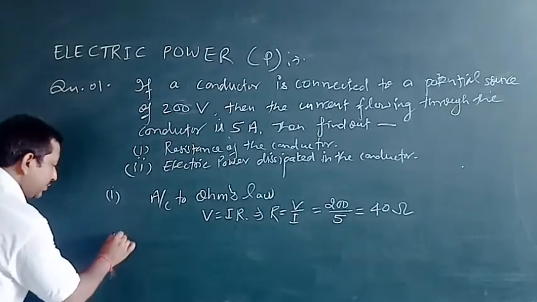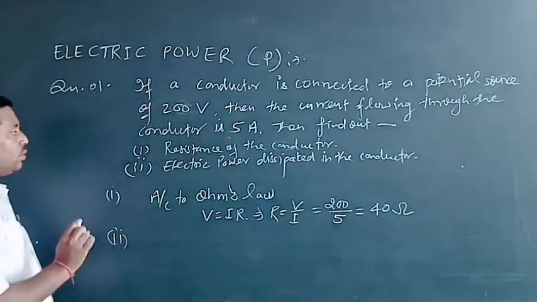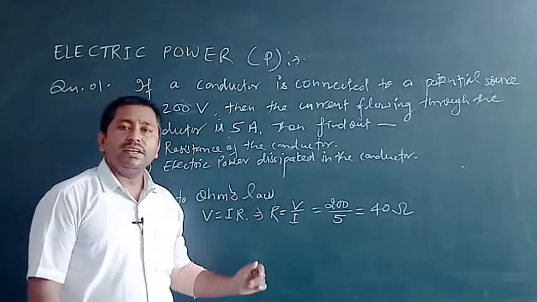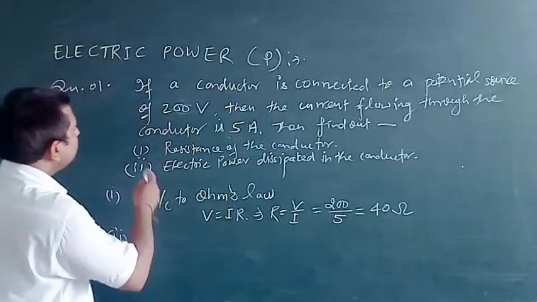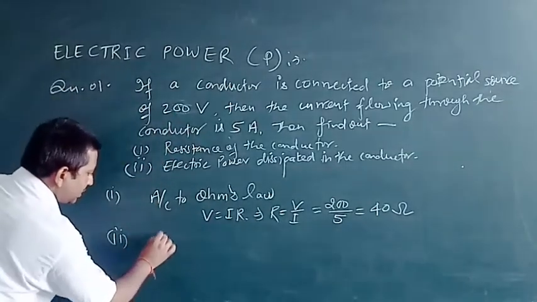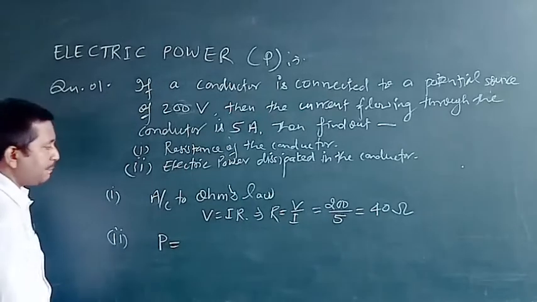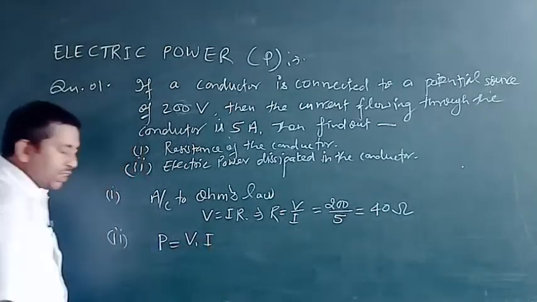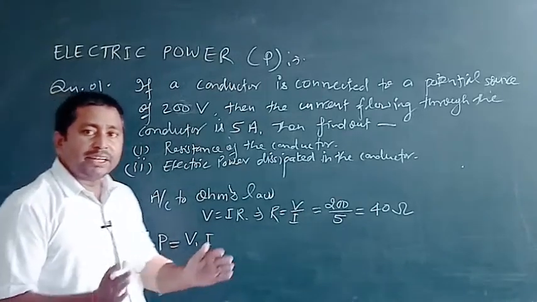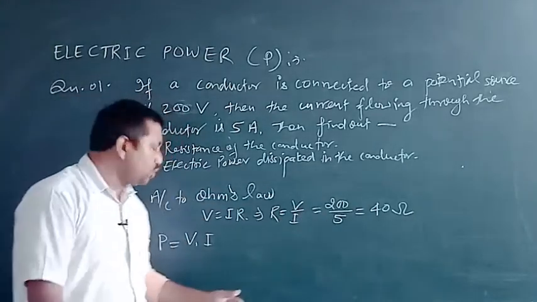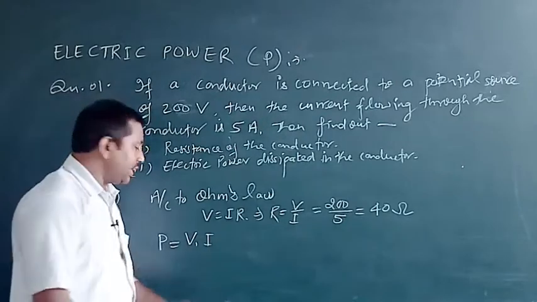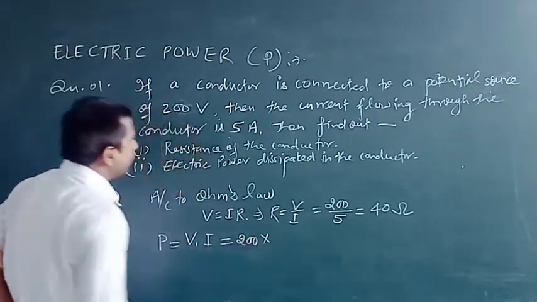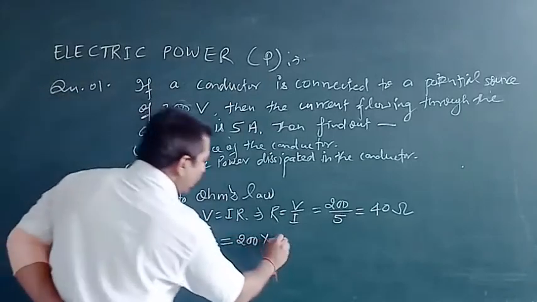Now similarly, in this manner we are also able to calculate the electric power dissipated in the conductor. The electric power dissipated in the conductor, represented by P, is defined as the product of the potential difference applied across the terminal of the conductor and the current flowing through the conductor. It means V dot I, it means 200 multiplied by 5 ampere.